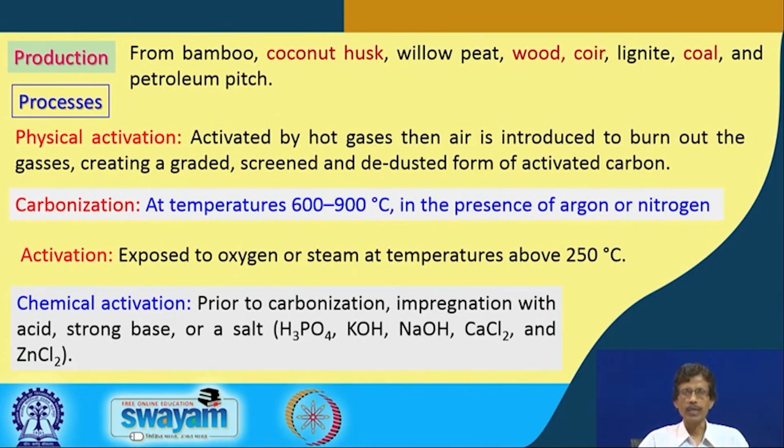Any acid we can use for treating the surface if we think it is contaminated by some amount of bases, or a base if we think some acid is left behind during the burning process, or simply salt washing. So what are those chemicals? Phosphoric acid is mostly used, or bases like potassium hydroxide or sodium hydroxide can be used, or finally salts like calcium chloride or zinc chloride can be used for chemical activation of activated carbon.